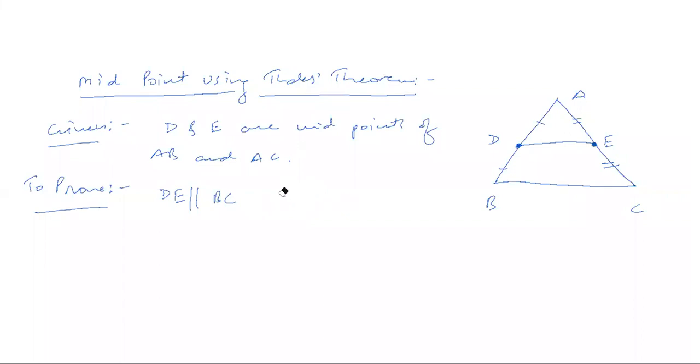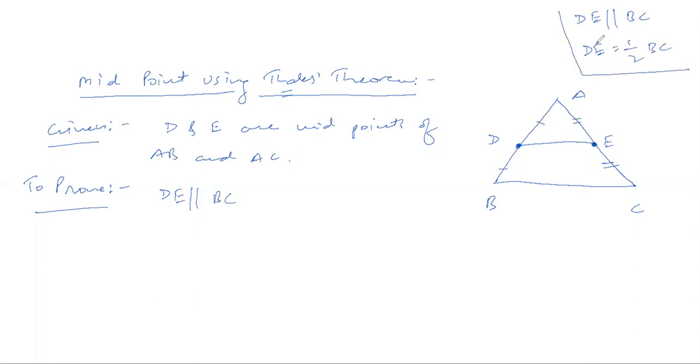And also one thing, as you know, in the midpoint theorem we have to show that DE is half of BC also. But this thing we cannot prove from Thales theorem. That can be proved using similarity, that is another thing. But right now we cannot prove this. What the midpoint theorem says is that DE is parallel to BC, and DE is half of BC also.